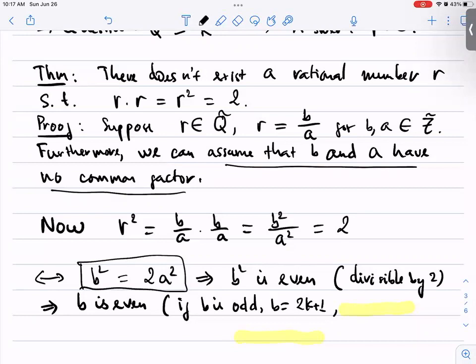So this is just an indicator, because at the moment we don't know if there is a real number satisfying this property. We just know that there doesn't exist a rational number satisfying this property. The proof is given in the note here for you to read at your leisure time.